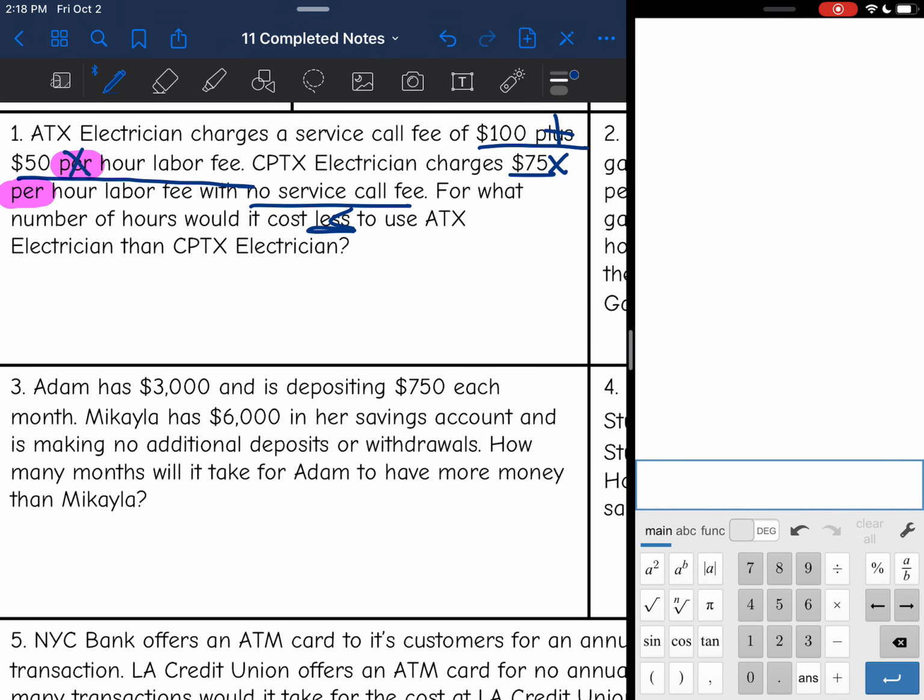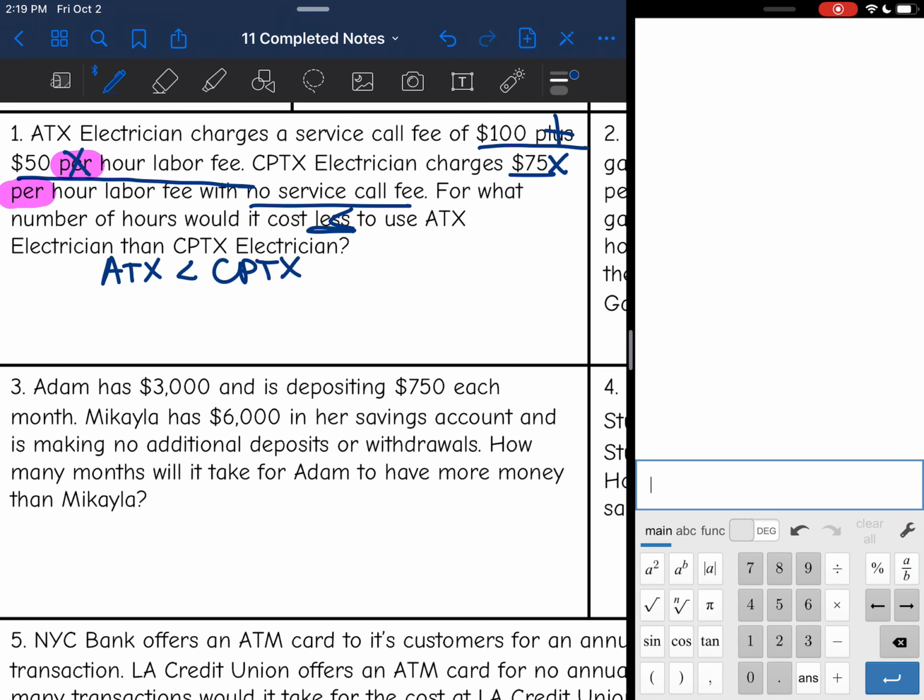So what I like to do is write out the inequality just with words first. I am looking for when it will be less to use ATX than CPTX.